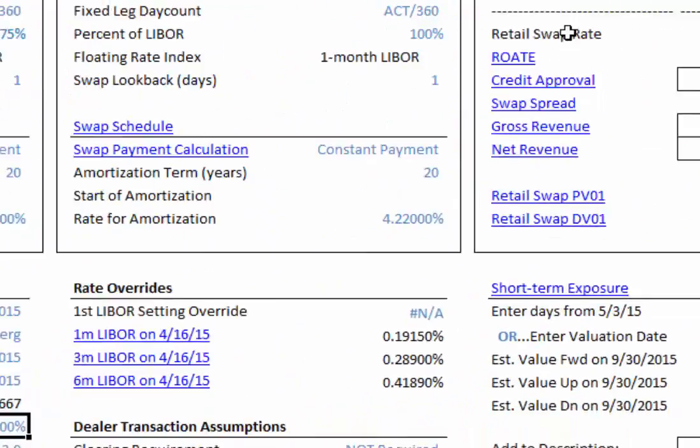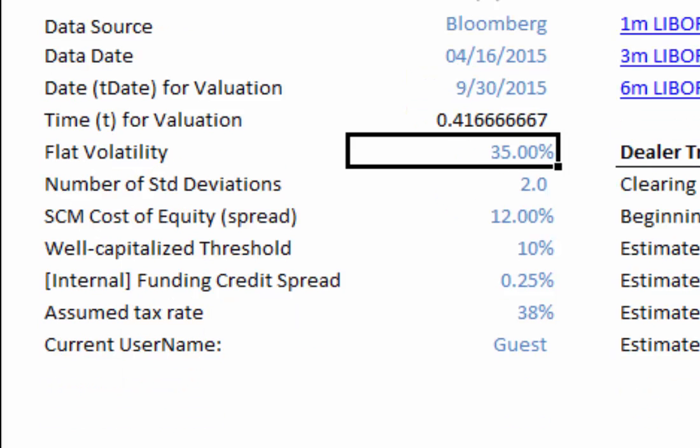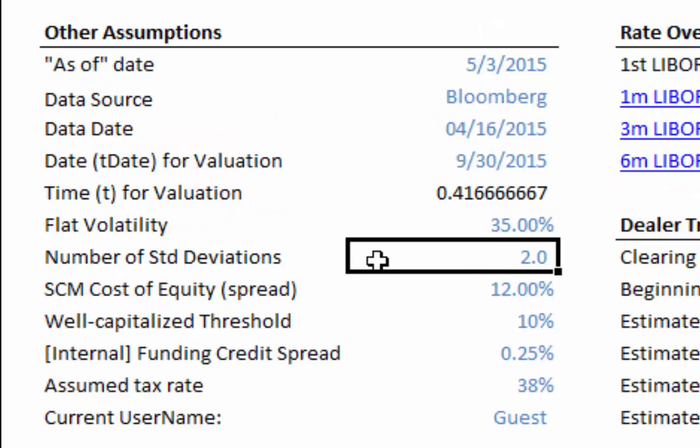So we need to understand what the additional cost of these risks are, and we need to be covering these risks somehow. And GrayLine's framework for determining the cost of risk does that by incorporating a short rate volatility into its exposure algorithm. The volatility input is used along with the number of standard deviations here, or the confidence interval, in the movement of interest rates.